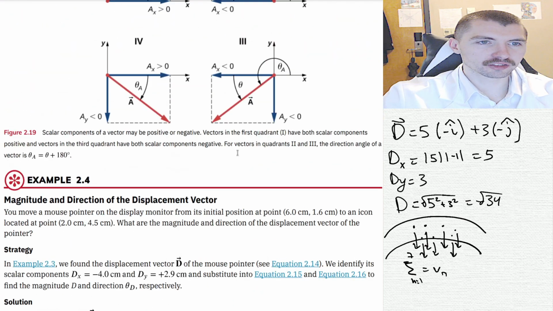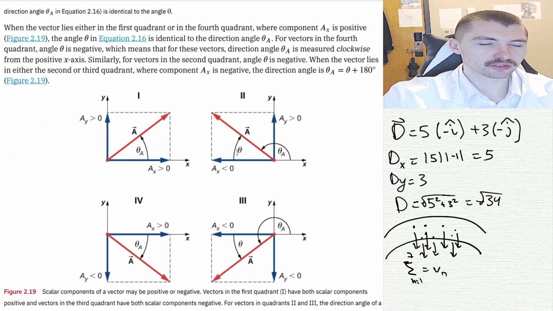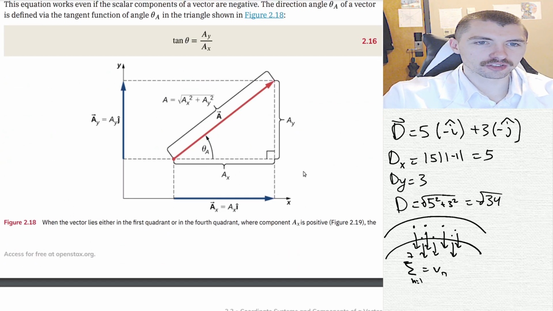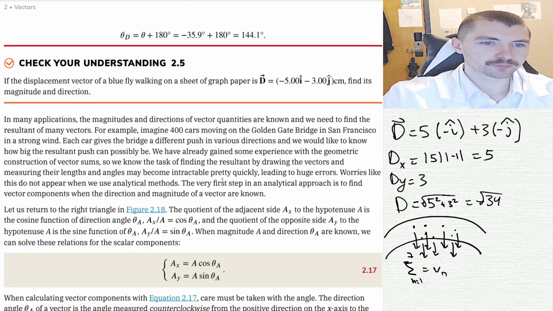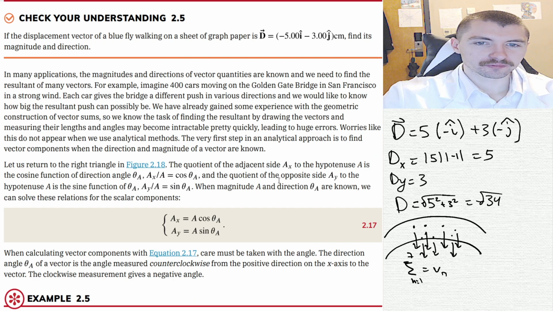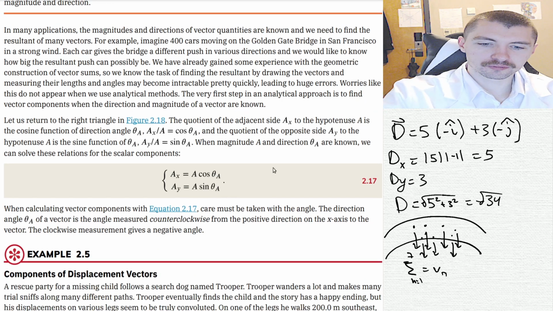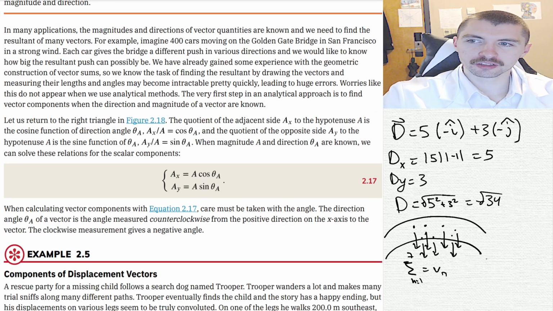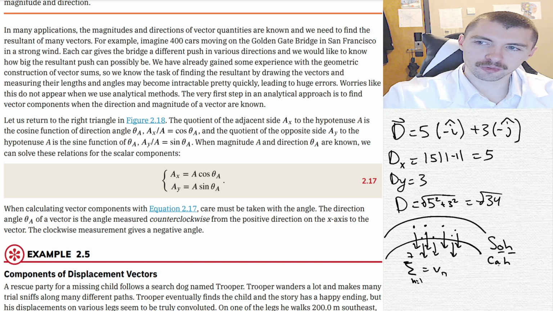Figure 2.18. So let's return to this. Hold this in your mind. This is basically saying opposite over hypotenuse, adjacent over hypotenuse, the quotient of the adjacent side.